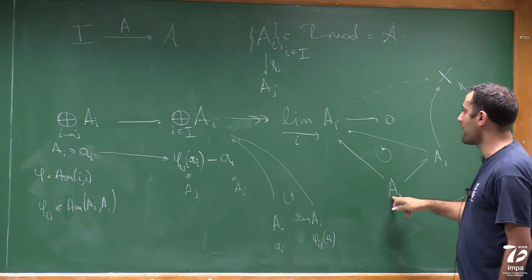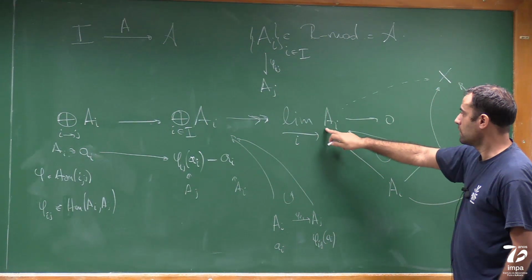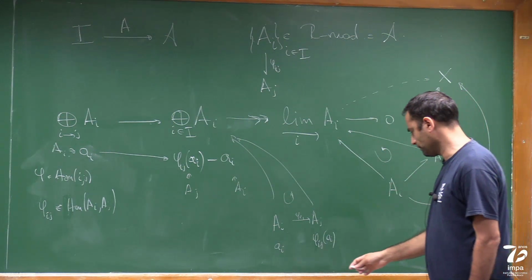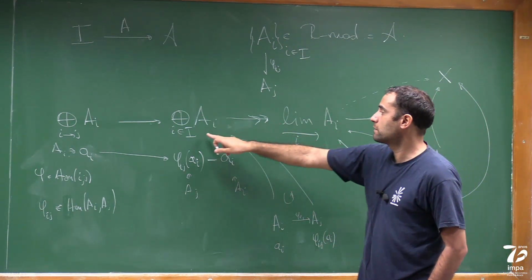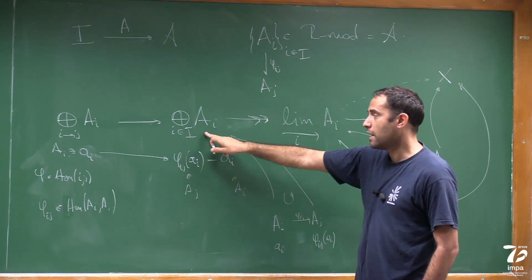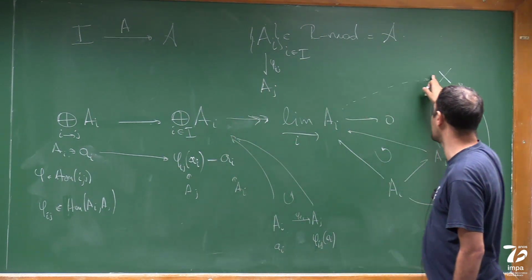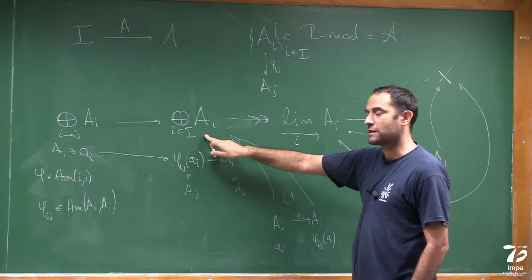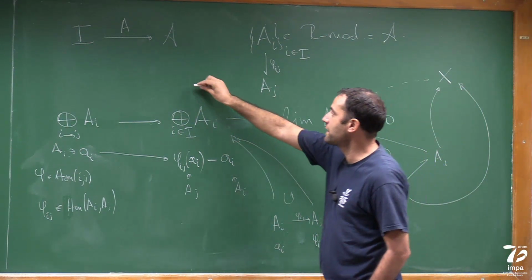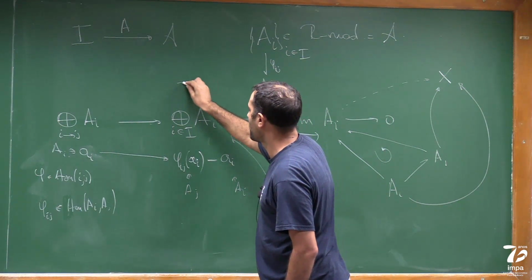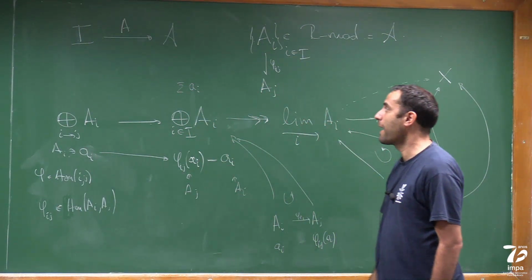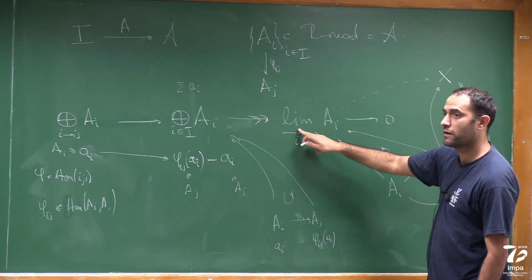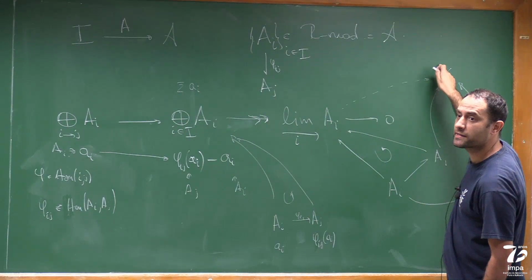And I have my AI. So an element here comes from some sum of elements here, and I need to tell you where those sums of elements are going to go. So an element here, I pick any representative there. It's just a sum of elements AIs for some i's in I. So that's a representative of your guy here that you want to define what the image on X is.